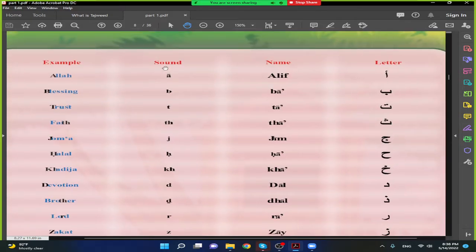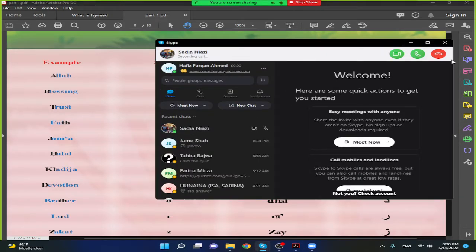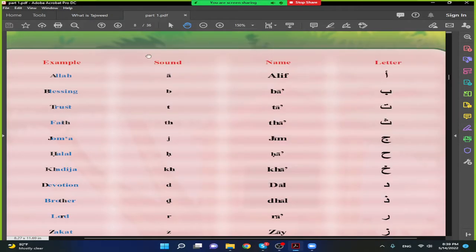Alif starts with the A sound like in the word Allah. Alif is the letter, and the name of this letter is Alif as we say it in Arabic. The sound for that letter is A, like in the example word Allah.